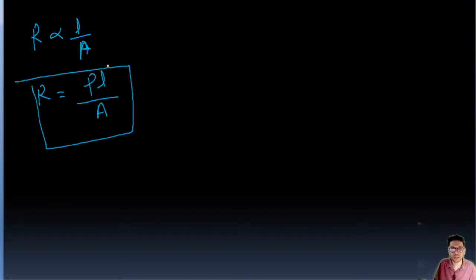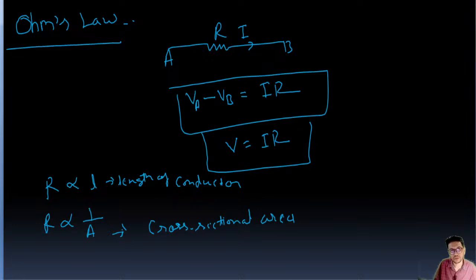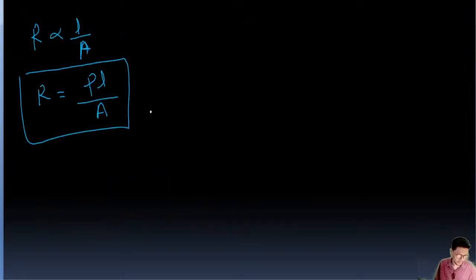Rho is the resistivity, R is resistance.